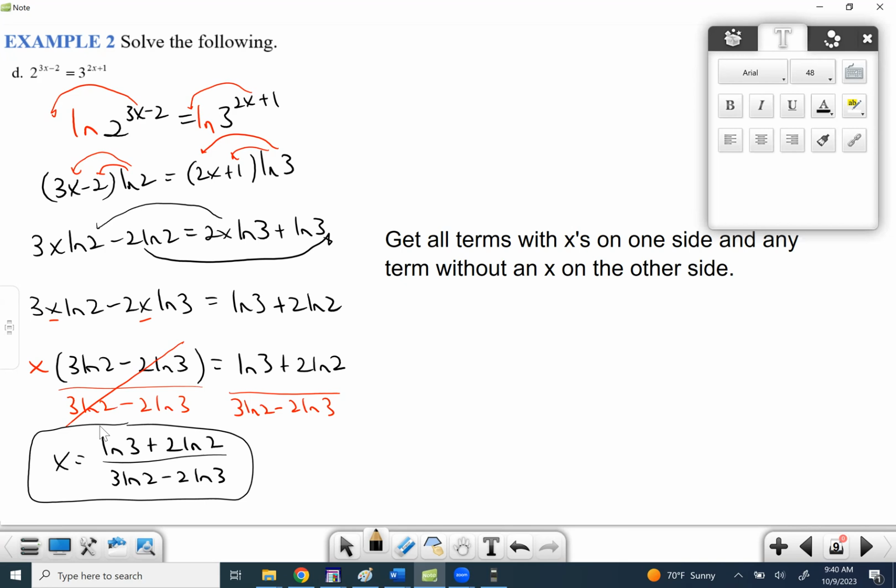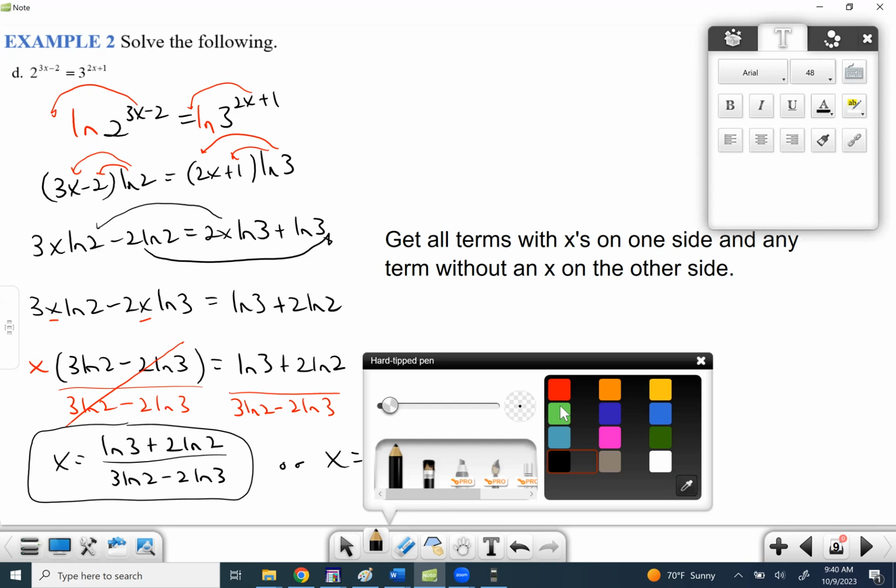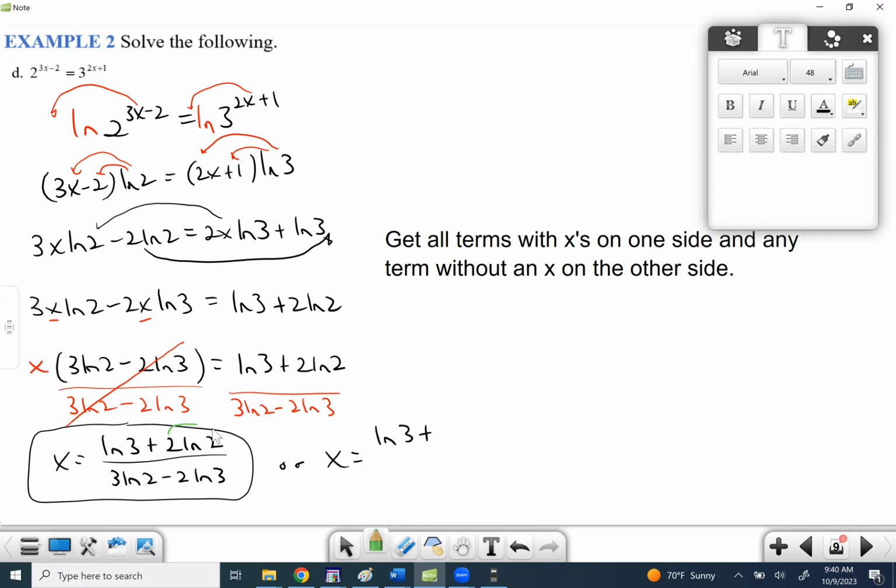Sometimes I like to clean it up a little bit so it's easier to type into my calculator. So another way to write this that's a little bit neater is to pull all of these numbers in front of the log up to the exponents. Then it'll be a little bit cleaner to write. So if we pull the 2 up to the exponent, 2 to the second is 4.